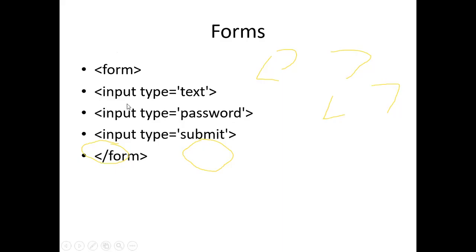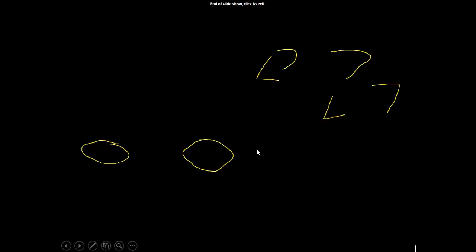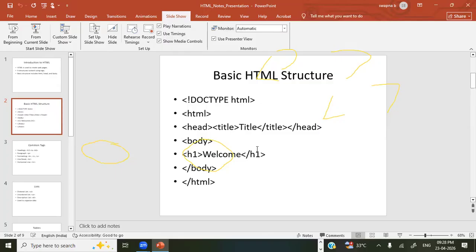Here we have input type equal to, and according to the type of the input we can go with these types. This also we will see with an example. So these are the basic tags we are going to use while writing HTML code.